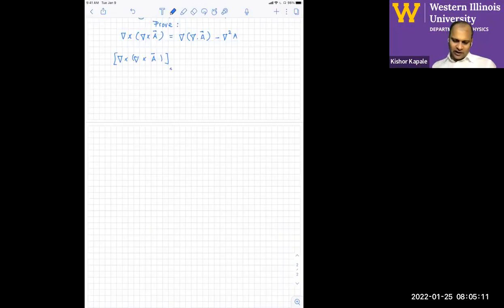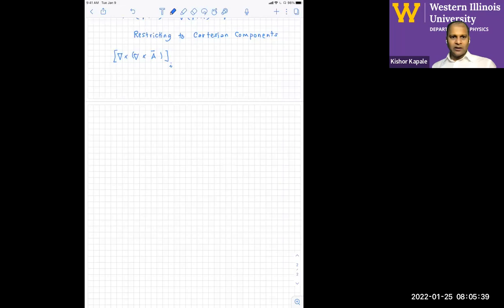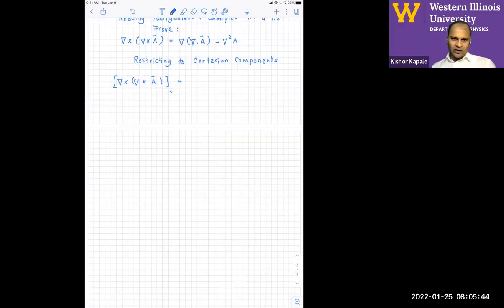So let's take a look at the ith component. Right now we are still looking at the Cartesian components. And then you know how to handle the double cross product, right?